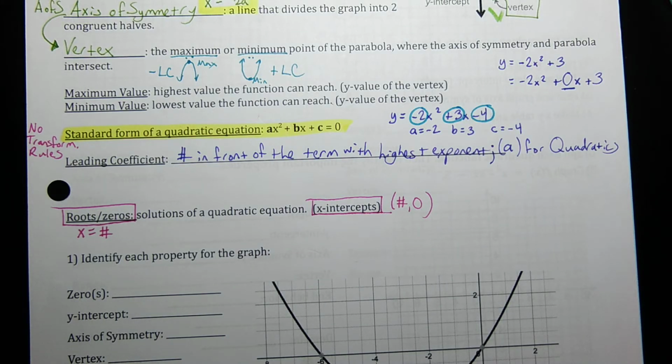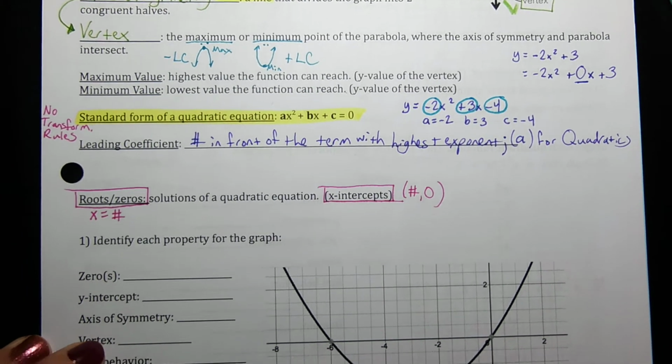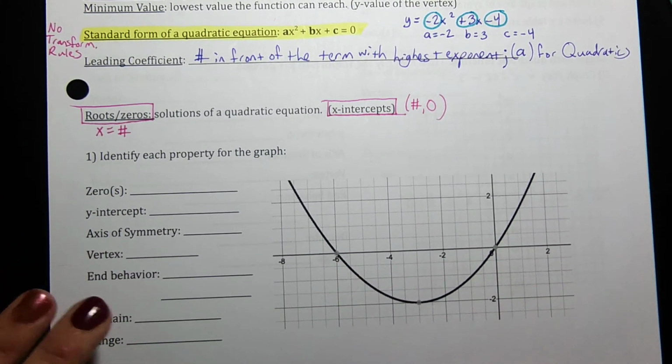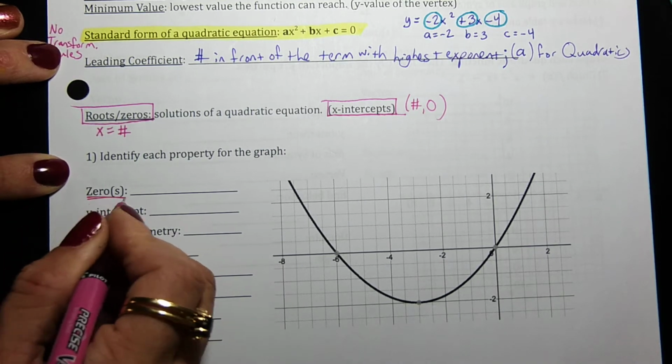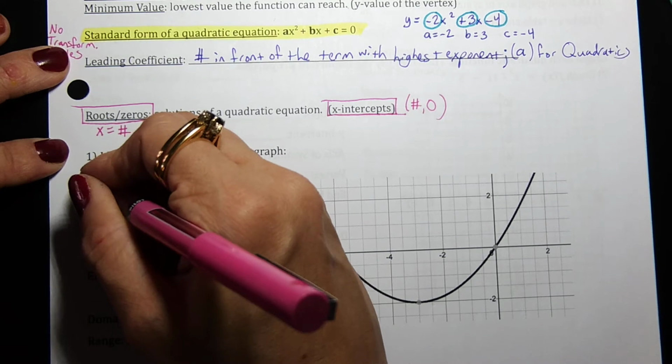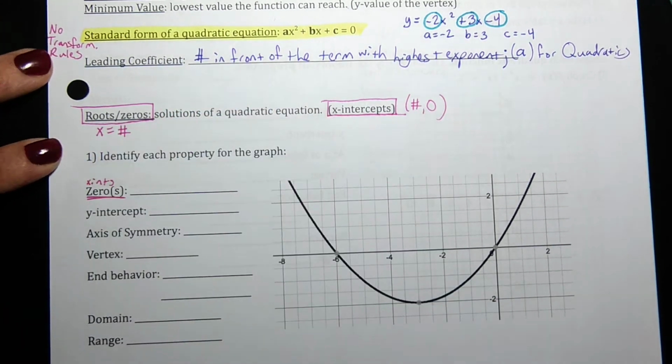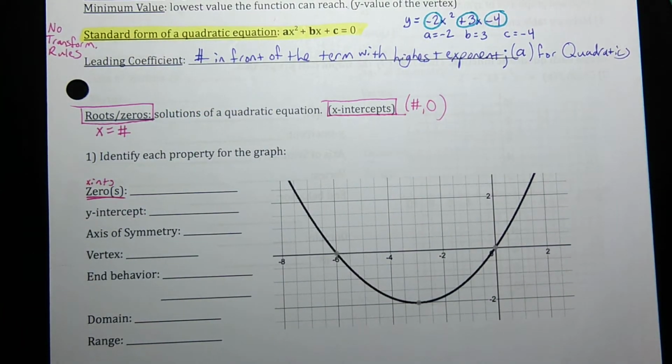And that's going to be something that we will be both solving for and pulling out as a key feature on our graph. So folks, we're going to practice just pulling these features out from an already graphed quadratic. If it asks for the zeros, that means the x-intercepts. So where is this graph hitting the x-axis?